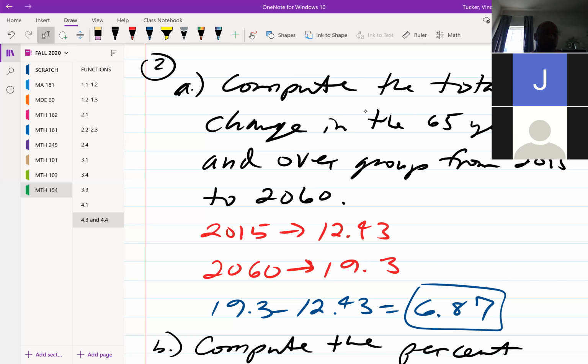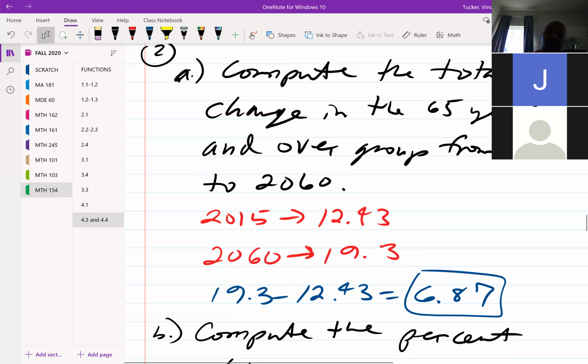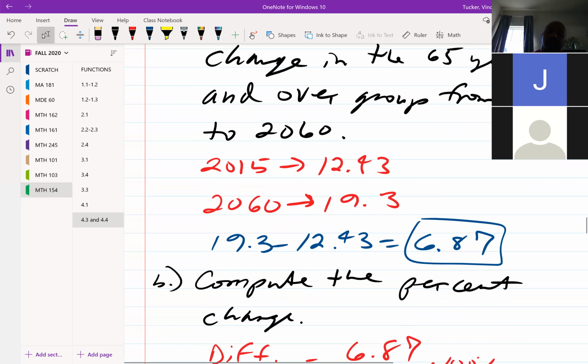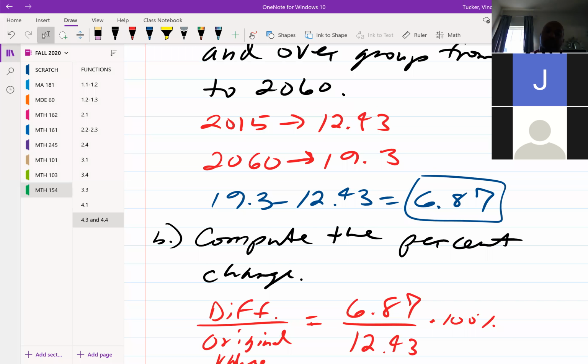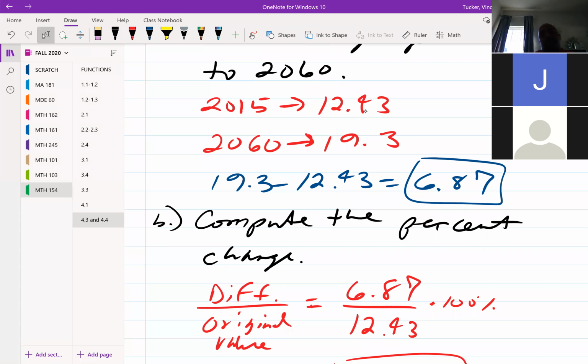That would be the change in percentage points, 6.87. Then B asked us to compute the percent change.